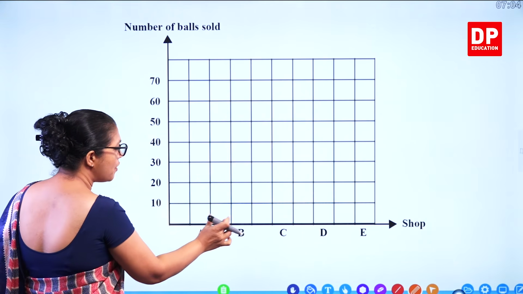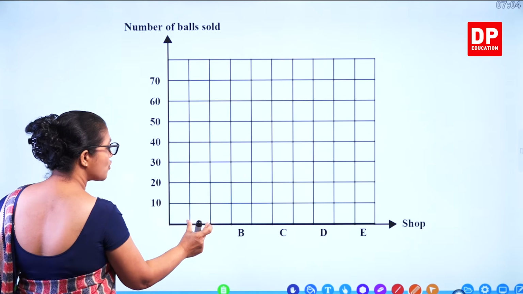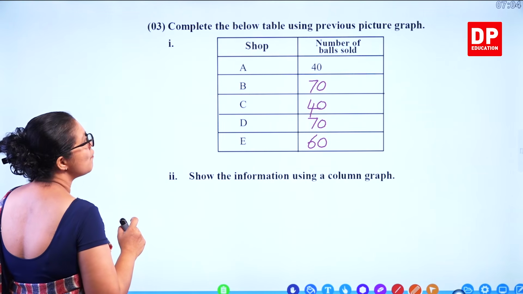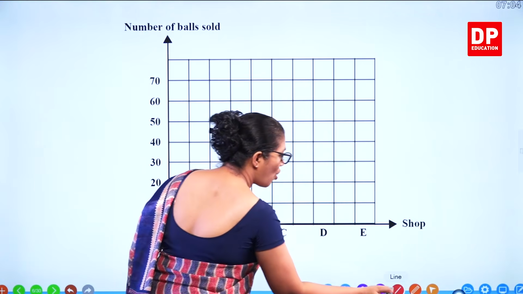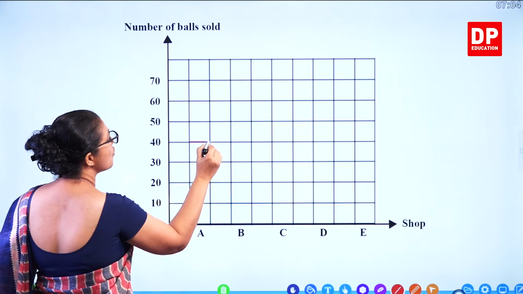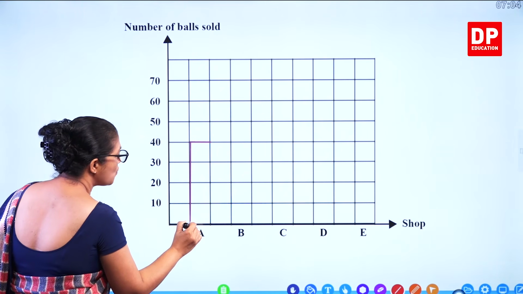The width of the bar should be the same. So we'll take 1 square for the width of each bar. A is 40. So we'll draw A, 40 means here. You draw a line here and a bar. This is called a bar chart as well.